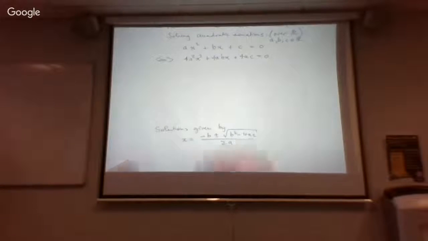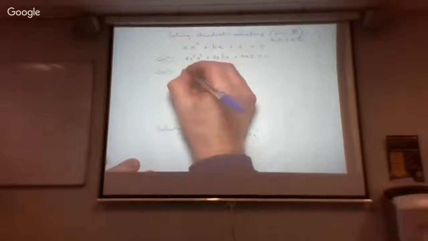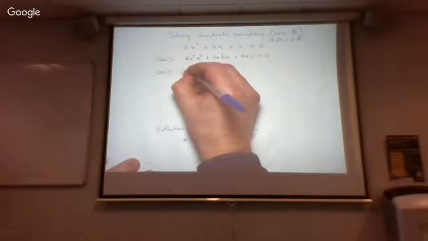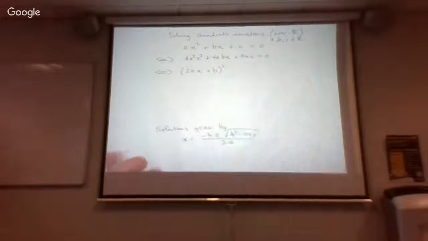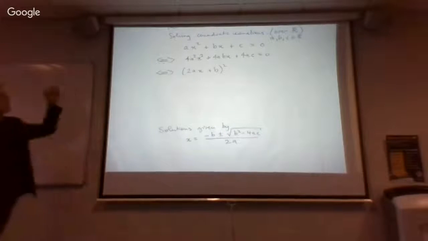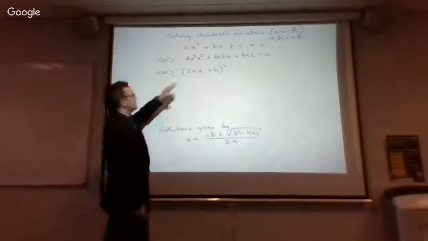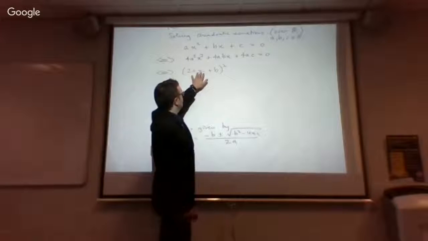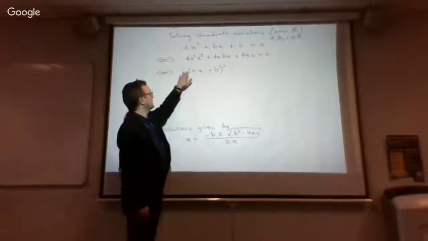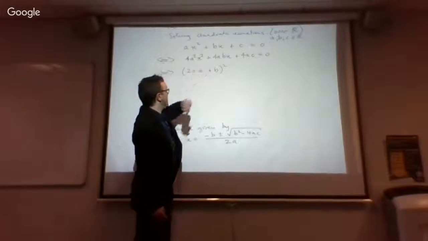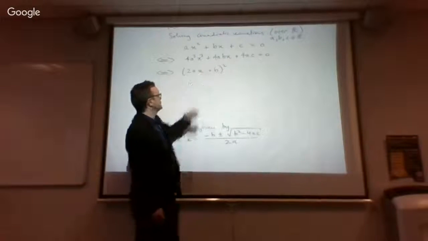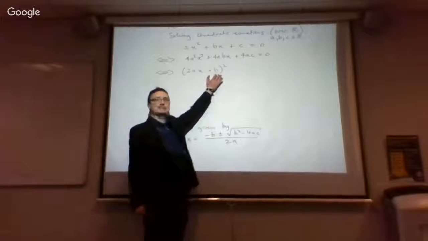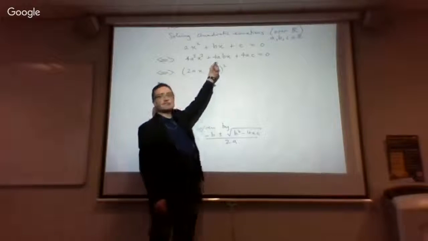And the reason that's good is because it allows us to do this completing the square procedure. So that left-hand side there, 4a squared x squared plus 4abx, you can generate that by 2ax plus b, and you square it, so you get 4a squared x squared plus 2 times the product of these two, so that's 4abx. Now you also get a b squared generated, which we don't see here, of course.